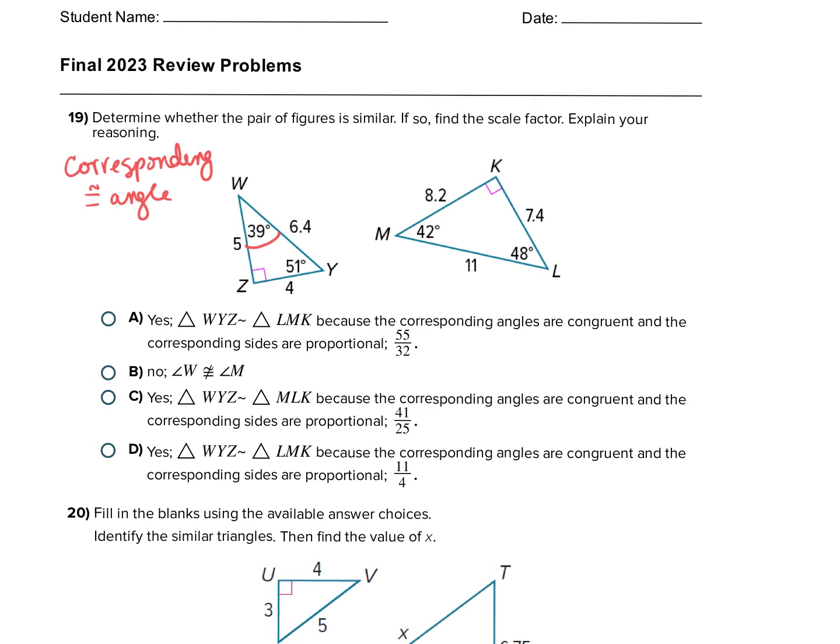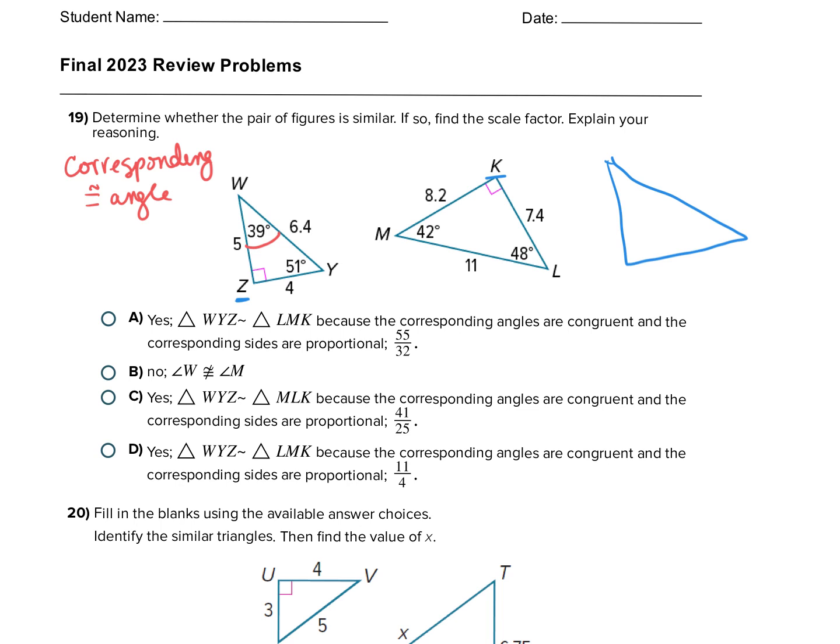Okay. And unfortunately, it would have been nice if they had given us a similarity statement. Because we know Z is congruent to K. And what I have to do is redraw, because KLM is rotated.